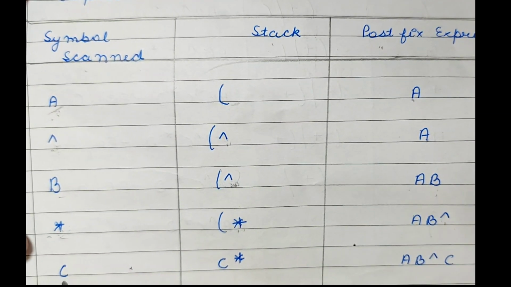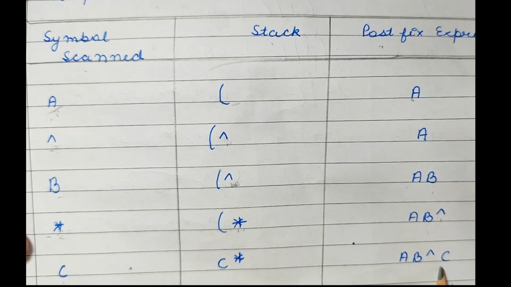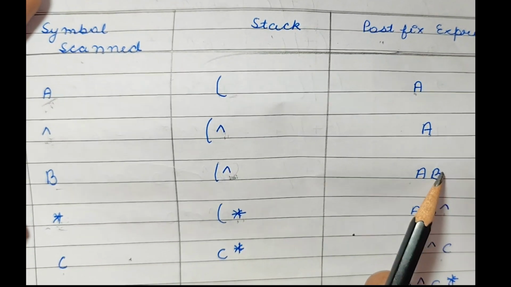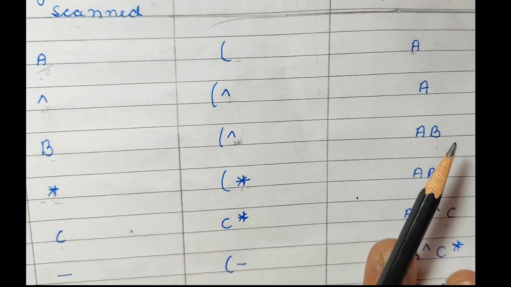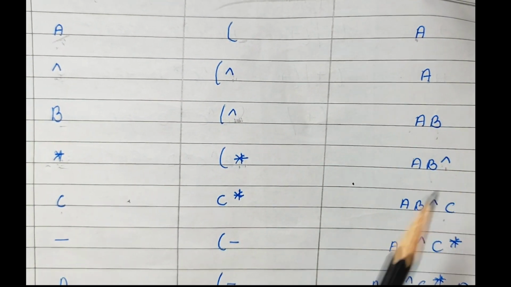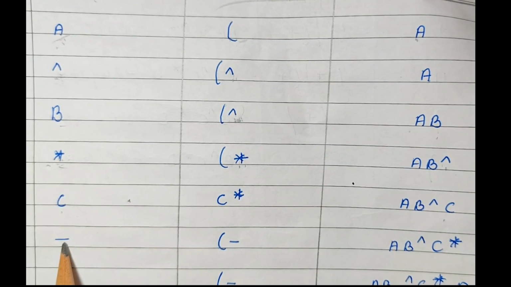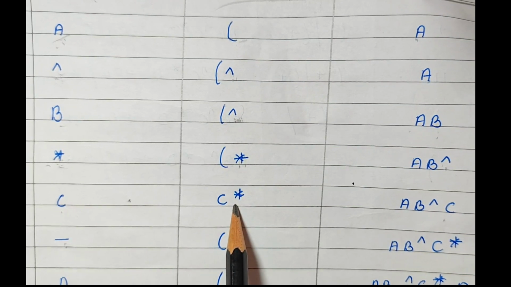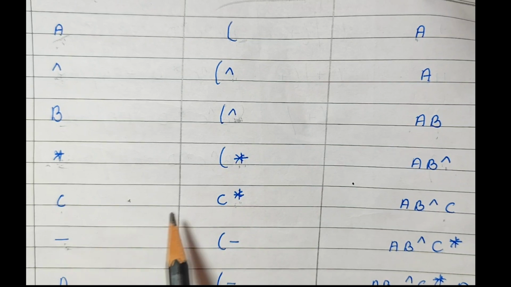After this, C is encountered, so we write C as such in the expression because C is an operand. After C we have minus. Minus is an operator. Now we check the priority of the operator which is already in the stack. Now star has higher priority as compared to the minus operator.